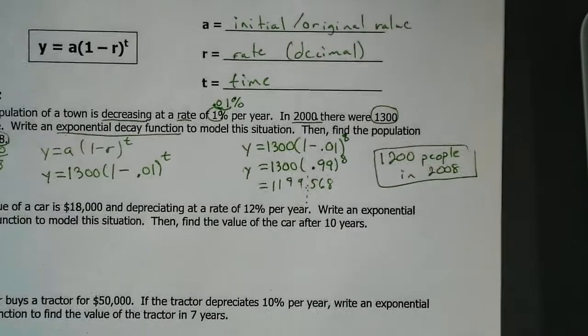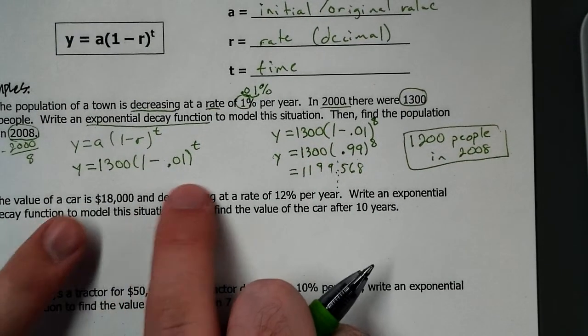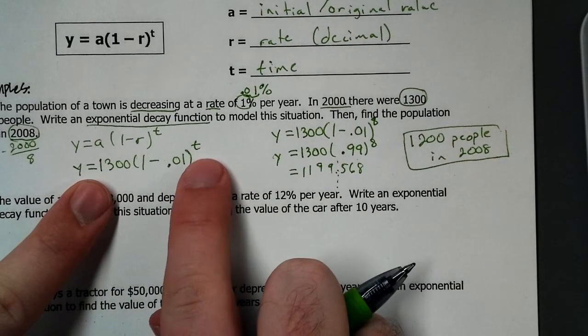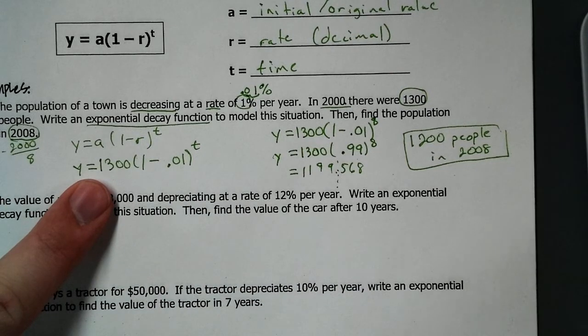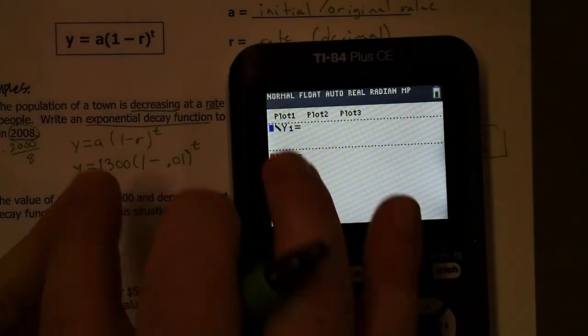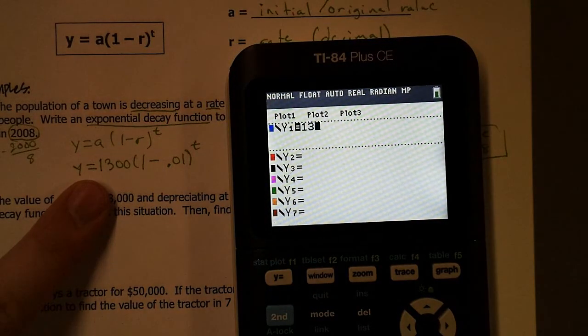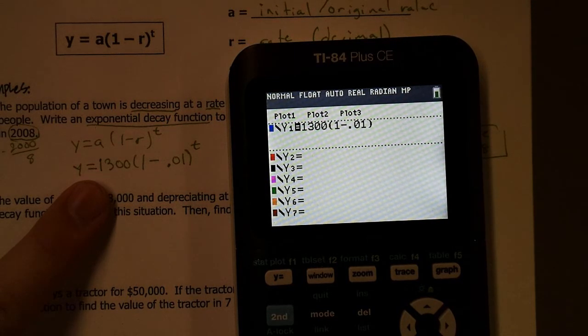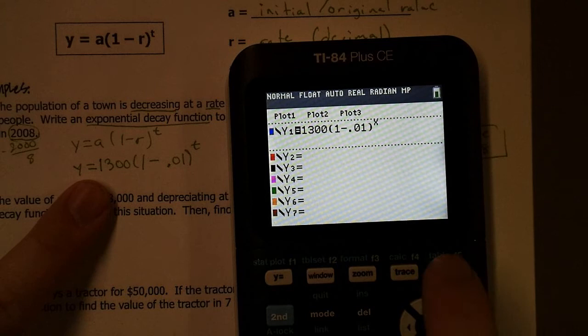Now, the other way is when you get the equation before, and you're going to leave the time as your x, you can go into your Y equals, and you can type in this equation exactly. So 1,300 times 1 minus 0.01 and then raise it to the x.